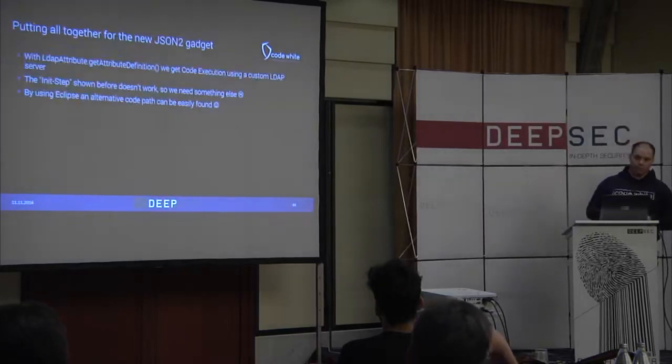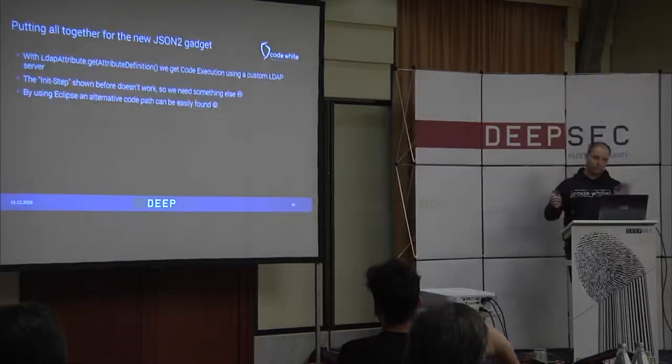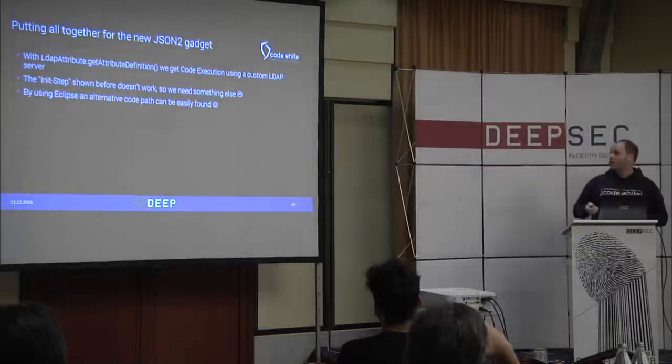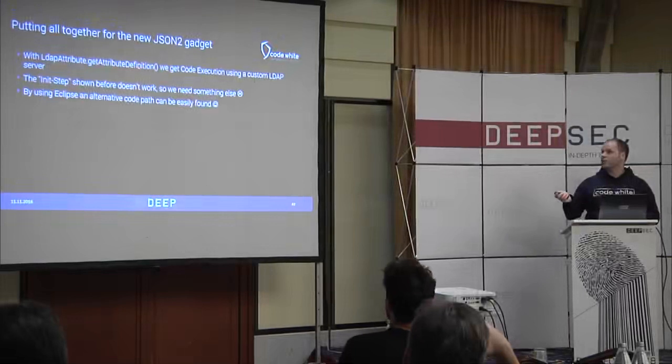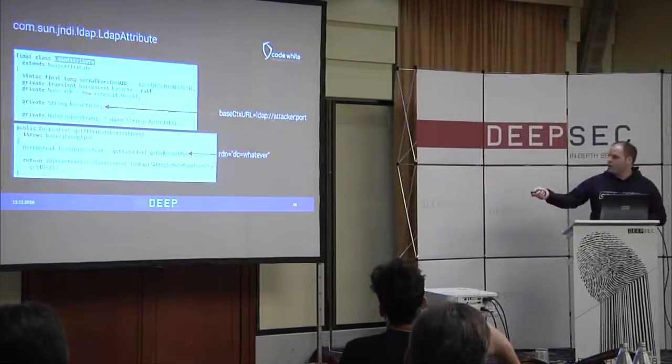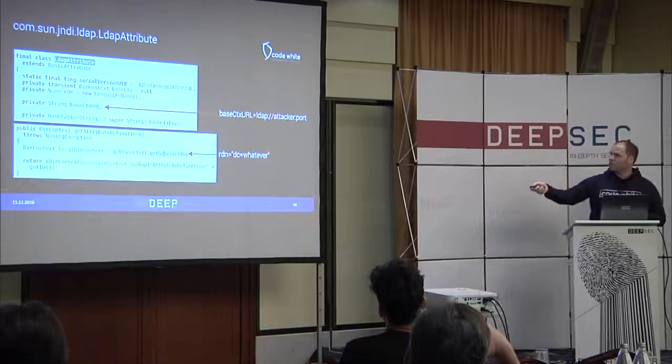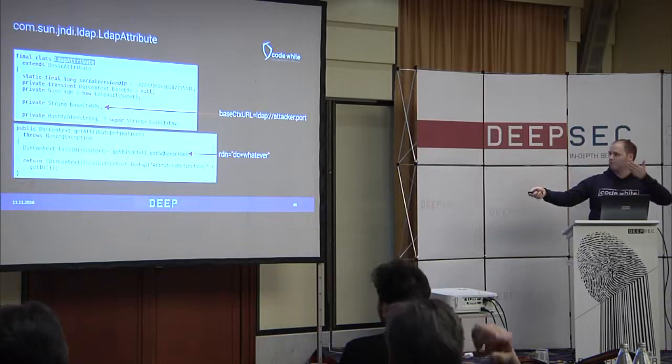And now we can put everything together, almost. We have a class, which is LdapAttribute, and it has the getAttributeDefinition method. What will happen here is it will create a base context, which is a JNDI lookup.